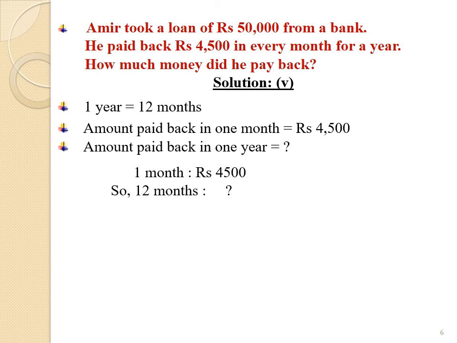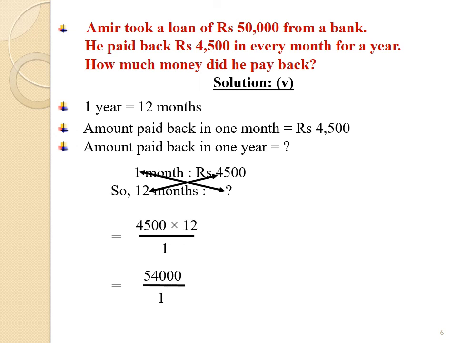Now, by cross multiplying, we get 4,500 multiplied by 12 by 1. Now, multiplying 4,500 by 12 and keeping denominator 1 as it is, we get 54,000 by 1.